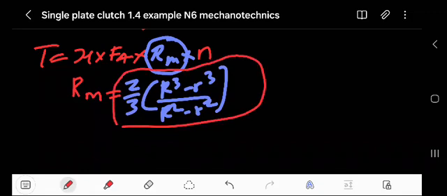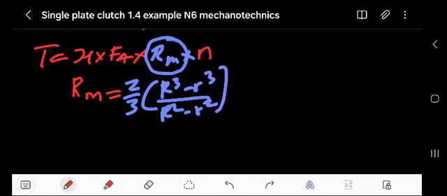Just put this in your formula as it is, because you're given the torque. We know the torque they say is 175. So just substitute this as it is.